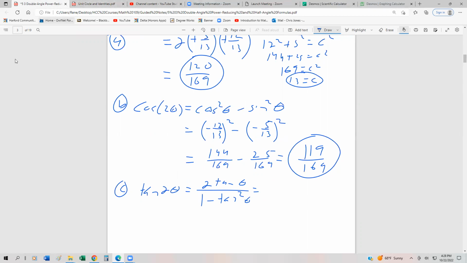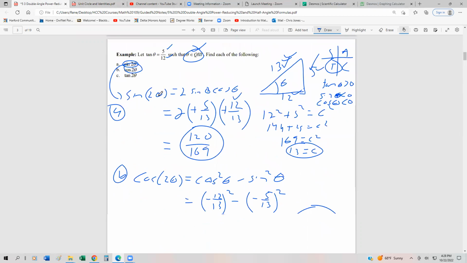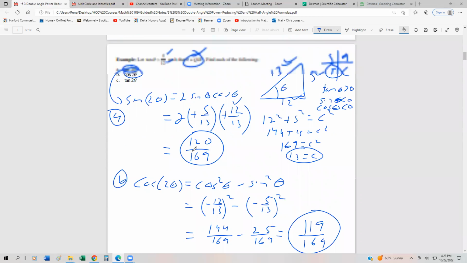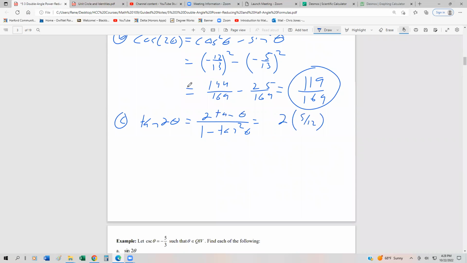We already know the tangent is 5/12, so we could have actually done this one before we even started with the right triangles. So 2 times 5/12, divided by 1 minus 5/12 squared. We have a little bit of work to do, but we know how to do our algebra. 2 times 5 gives us 10/12, and in the denominator, we get 1 minus 25 over 144.